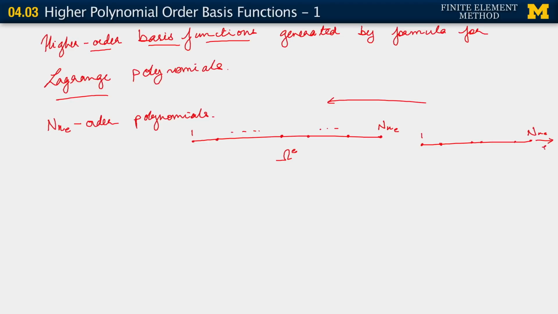We will denote the coordinate in that parent domain as C. It is a bi-unit domain again, seen by the fact that C equals -1 here, and here we have C equals 1. Therefore bi-unit, because the total length is 2. In this setting, here is how we write out the polynomials.